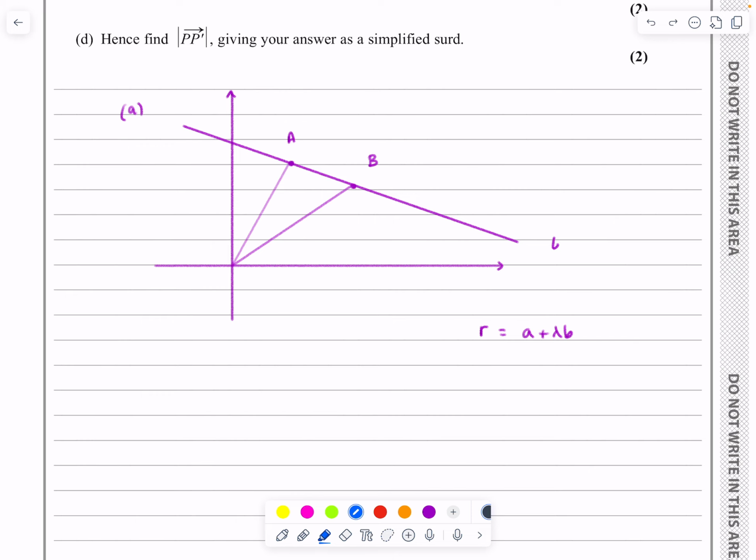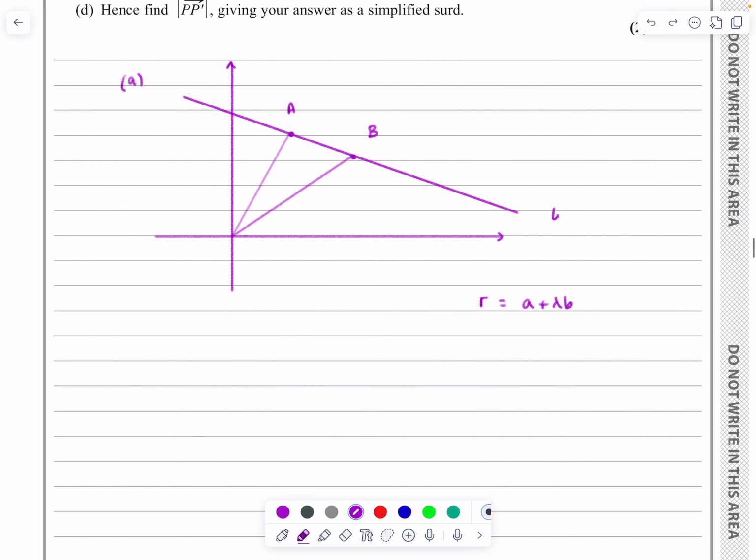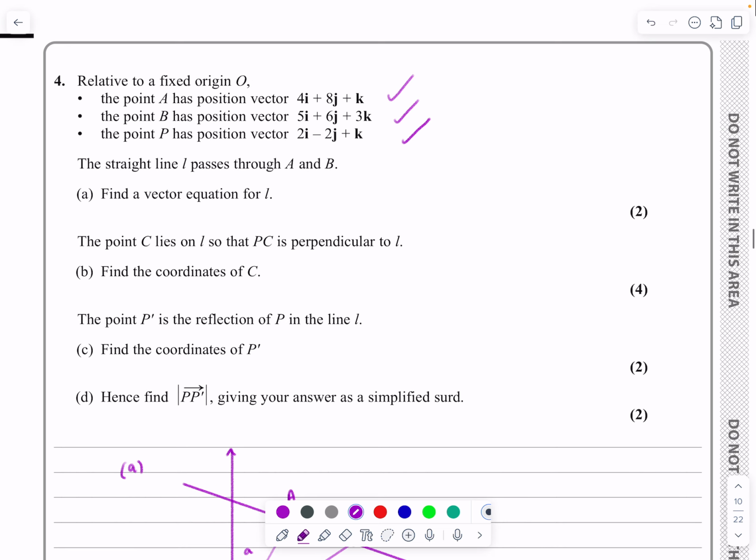Given my situation, first of all I'm going to work out the vector AB, because that'll be the direction of my line L. If I have this situation here where this is little a and this is little b, AB will be b minus a. We've got the information about those there. We know the position vectors (4, 8, 1) and (5, 6, 3).